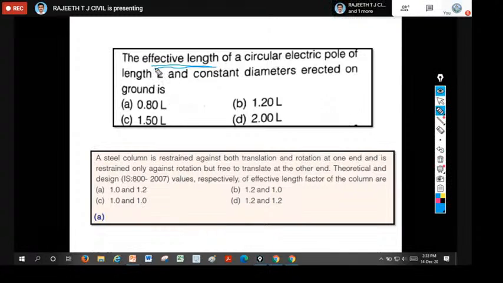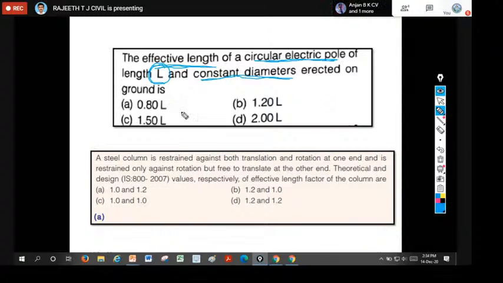This is a circular electric pole erected on the ground surface, having an actual length of capital L and constant diameter. That is, there is no tapering in the diameter of the bar. The diameter is constant from top to bottom, the same from ground to top. For this we should calculate.